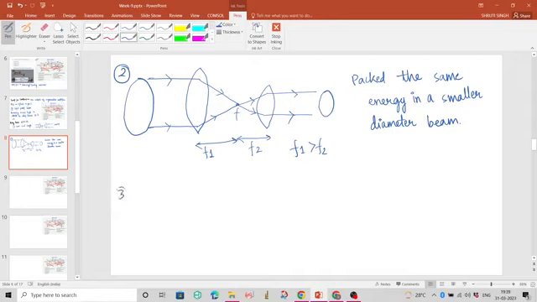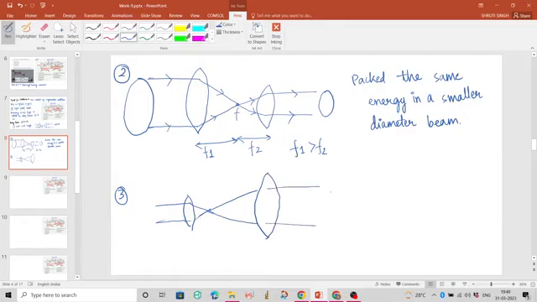And the third case which can happen, the reverse one, is if this one is of smaller focal length and this lens is of larger focal length, then the beam will be expanded.